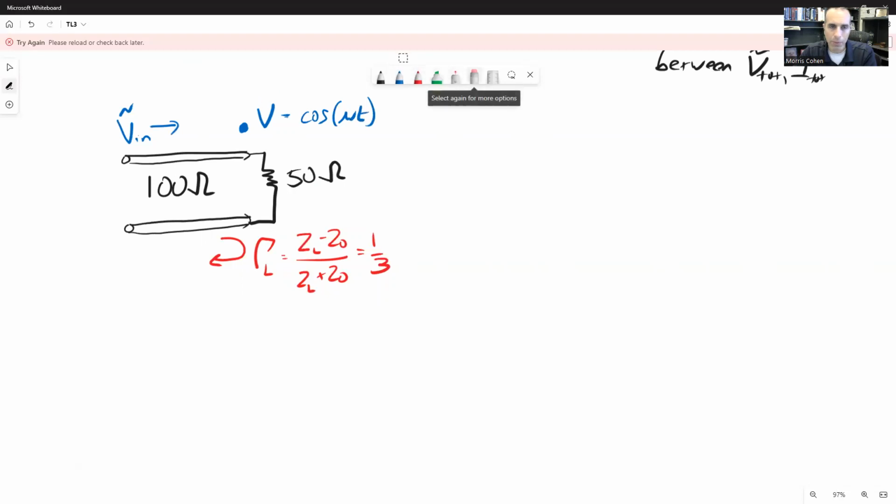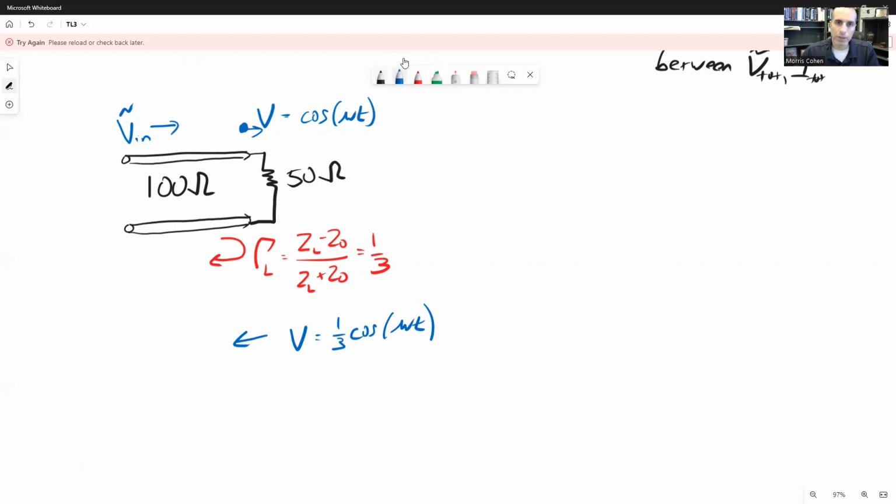Let's keep this in the time domain for once. So the voltage just as it reaches the load is cosine of omega t. Right after the reflection, we're going to have a voltage of 1/3 of cosine of omega t. So the basic concept of reflection at the load still applies.